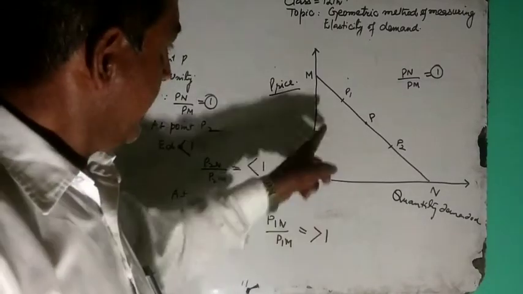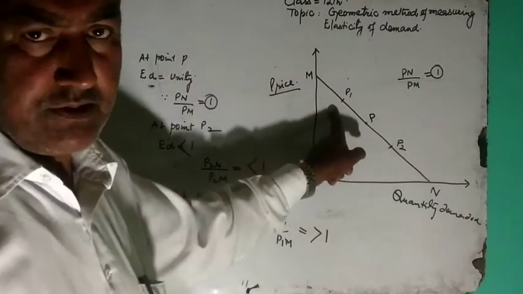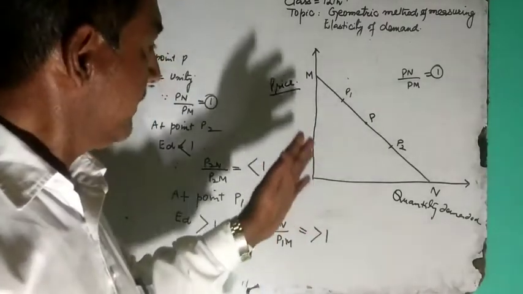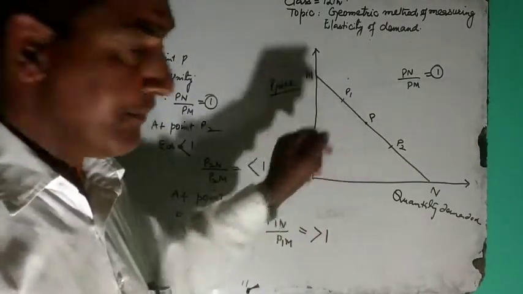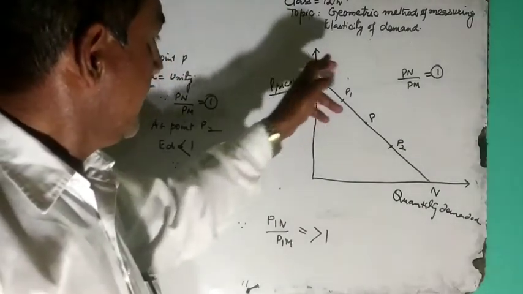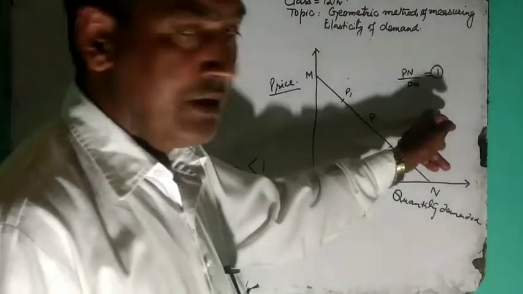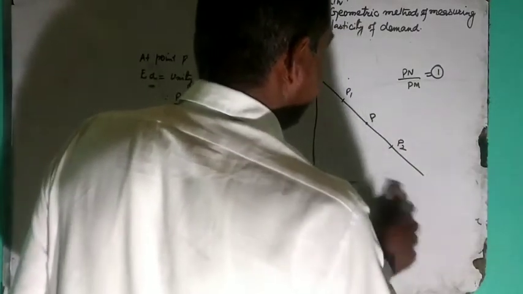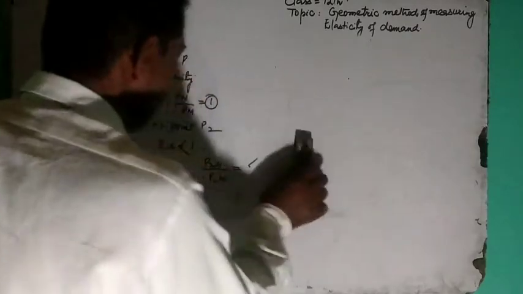Now, if this is not a straight line demand curve, if it is a normal demand curve, how do we measure elasticity of demand then? We have to draw a demand curve and see elasticity of demand on that curve. This was a straight line demand curve.